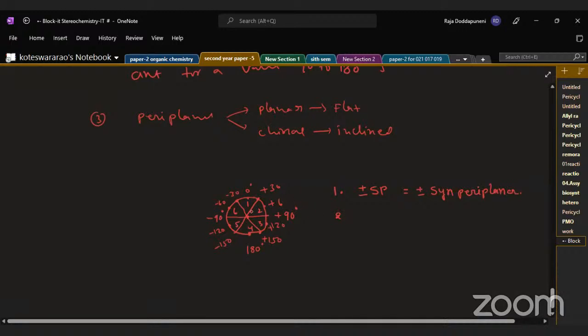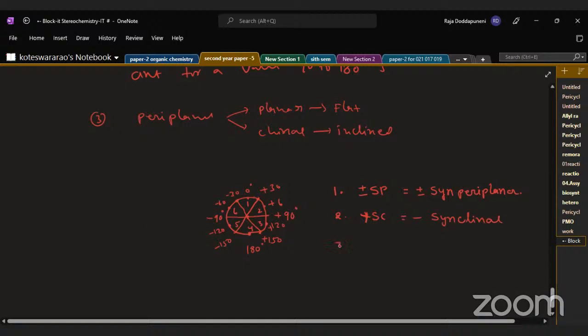The second one is indicated with plus SC, that is plus syn-clinal.